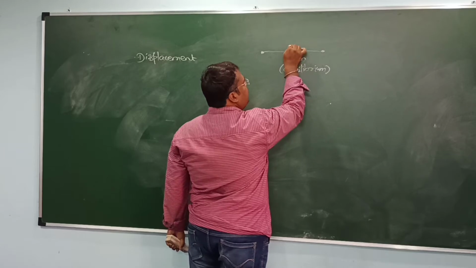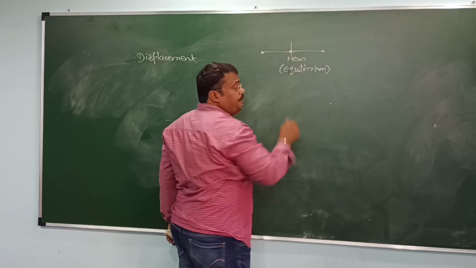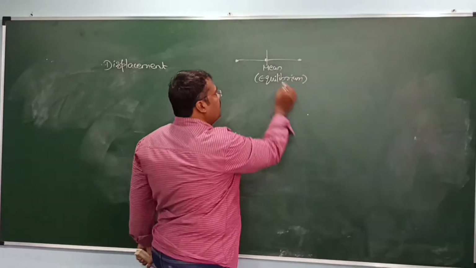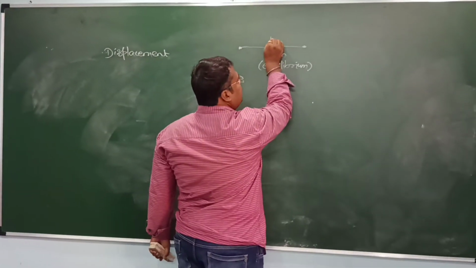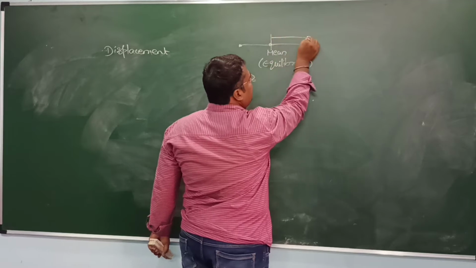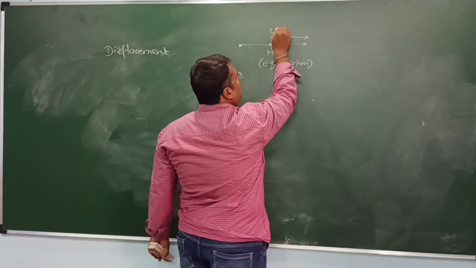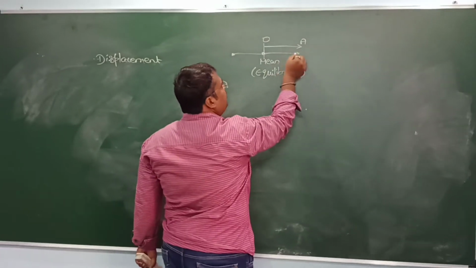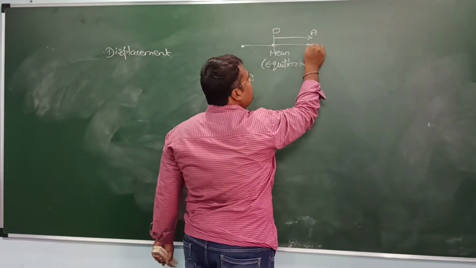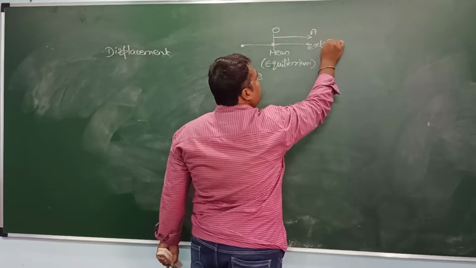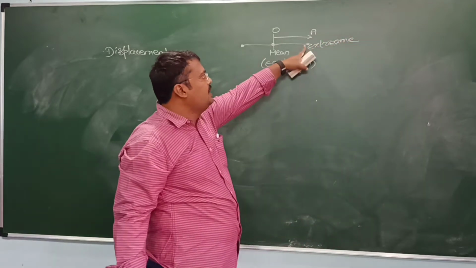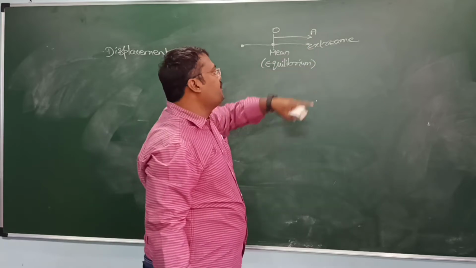Initially the particle is located at the mean position. That particle displaces from O to A position, and when it reaches A position, this A position is called an extreme position.